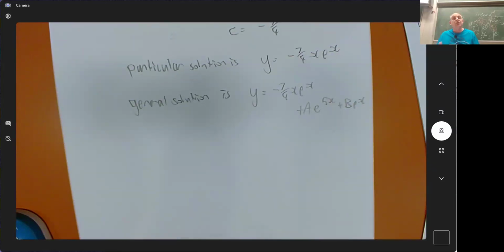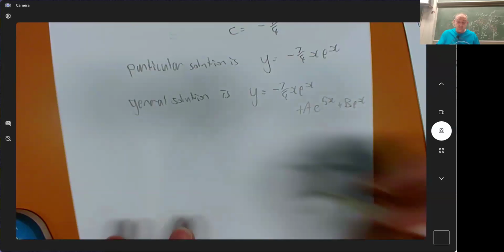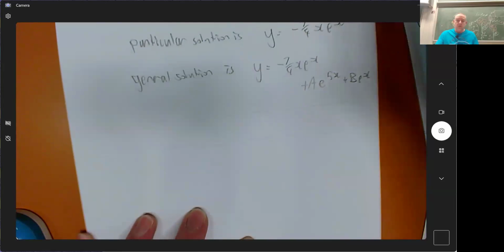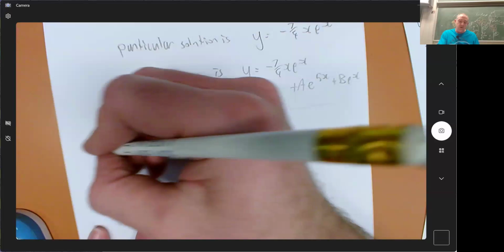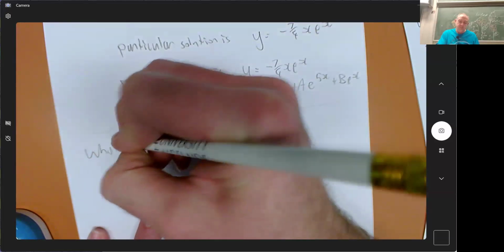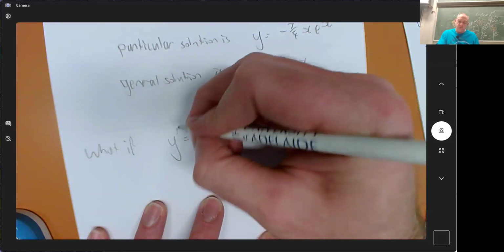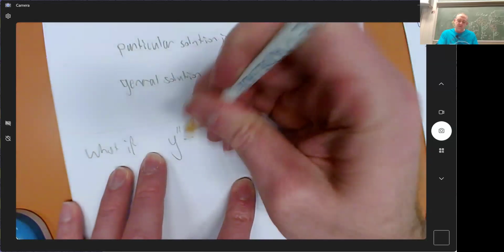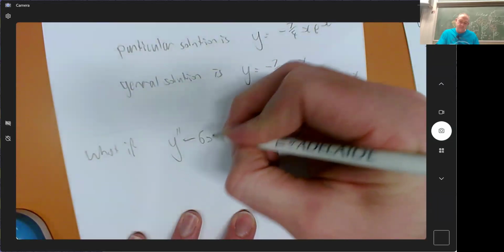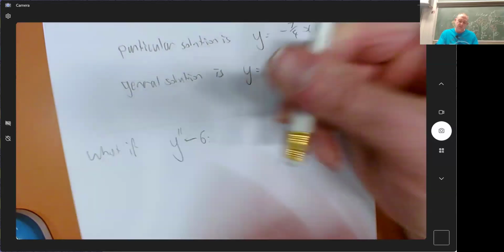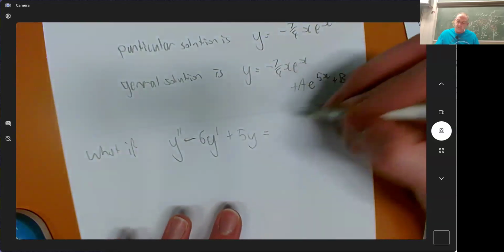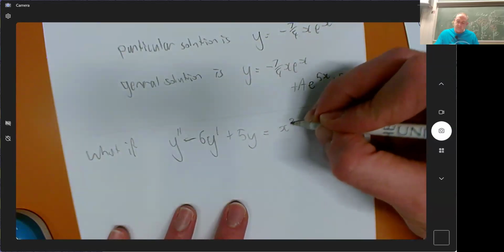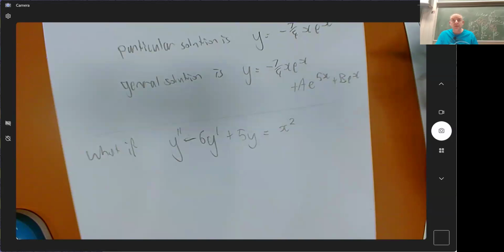Okay, I'm not going to finish these ones, but I just want to show you how they might look. So, what if it was y double dashed minus 6x, not x y dashed, is x squared?